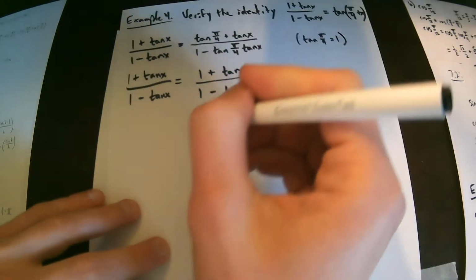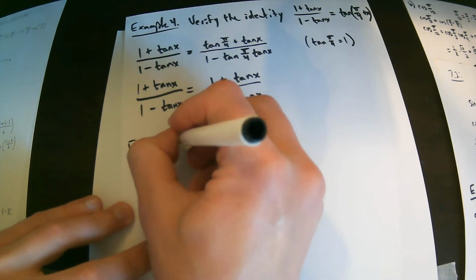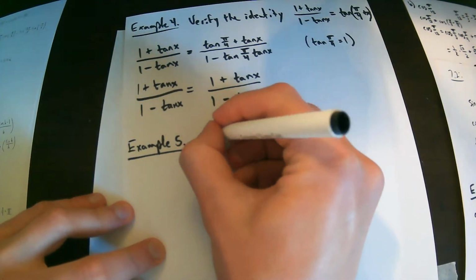Okay, example 5 is just a weird one. I really doubt that you'll see something like this in the homework or on an exam. But just in case, I'm going to work it out.